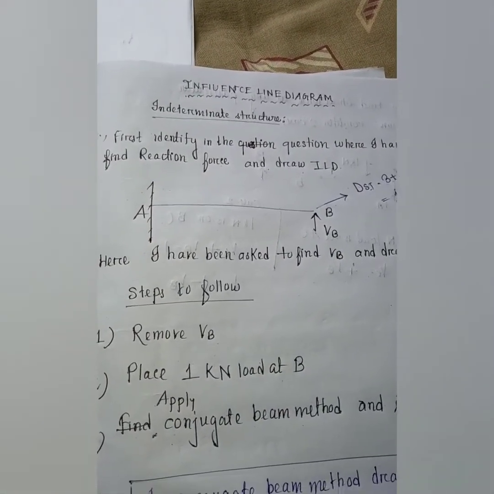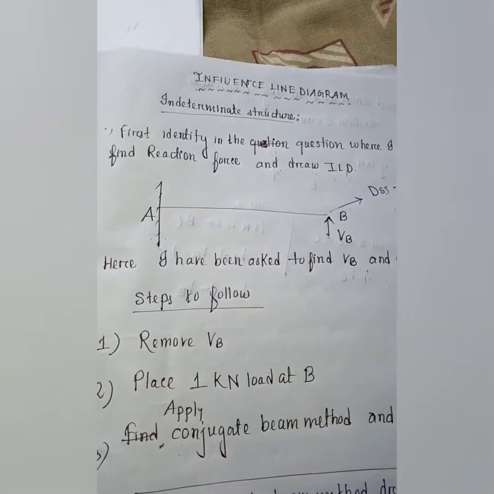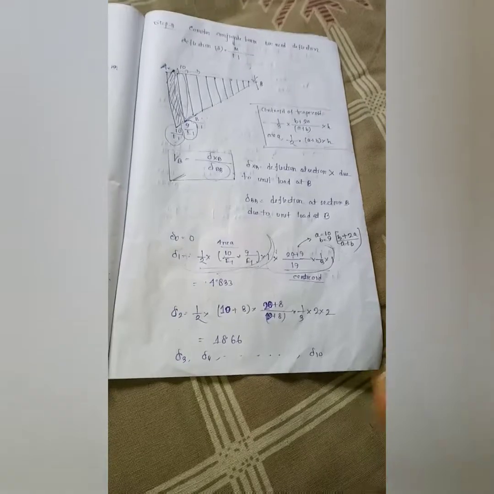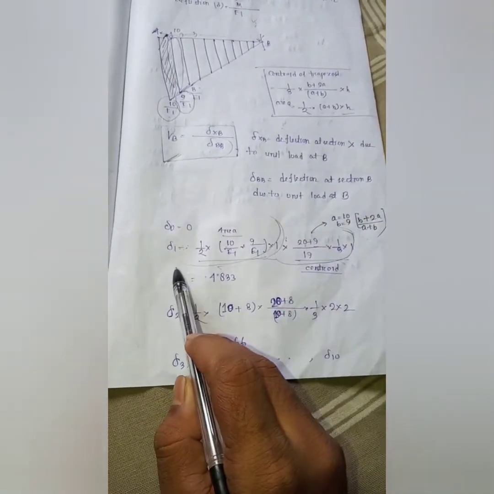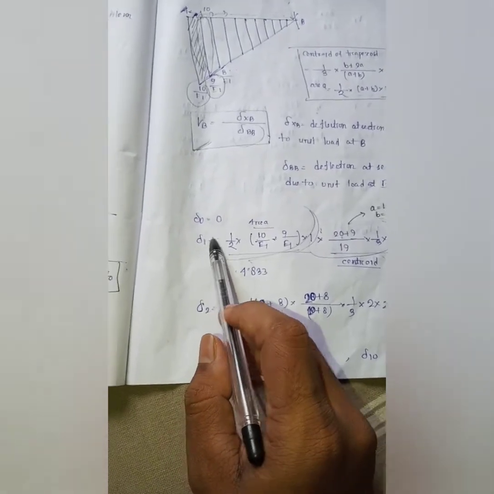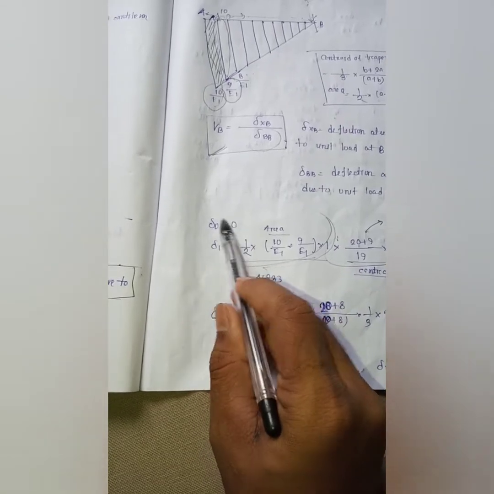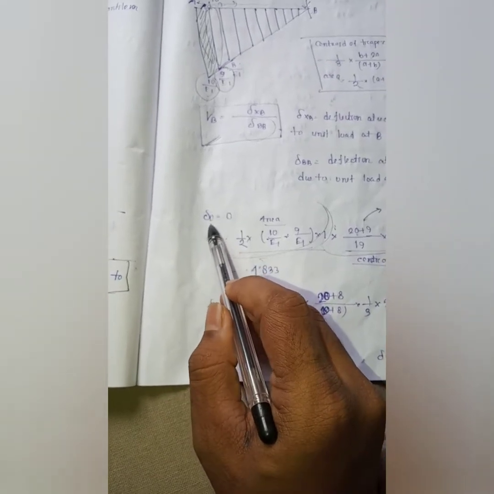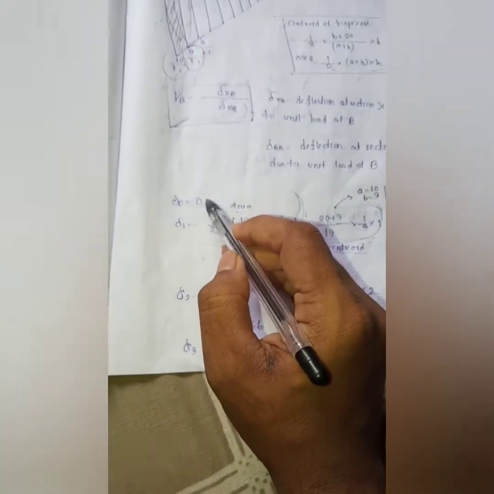Okay, AB. Here in A there are, so using these formulas we can easily find the deflection at each and every section. Like if we find at the initial position at the support, that means if we find delta 0, it is obviously 0.